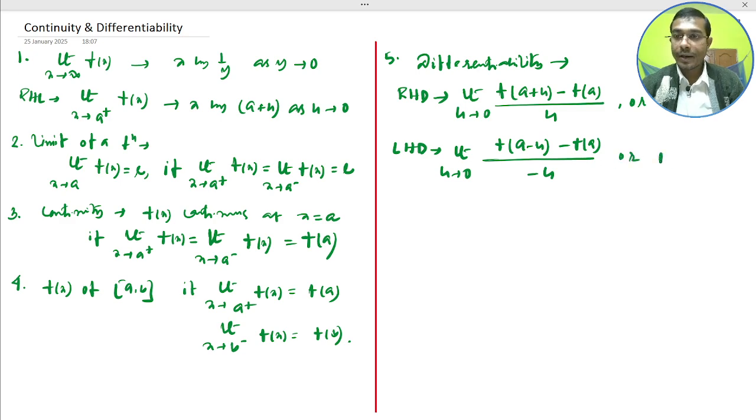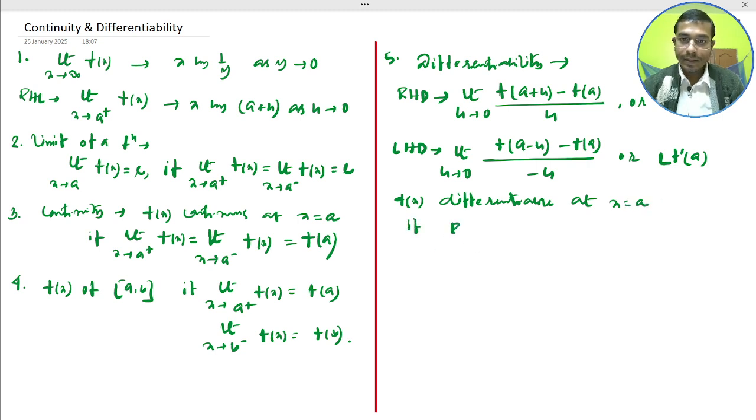This is written as LF'(a). A function f(x) is said to be differentiable at x equal to a if the right hand derivative RF'(a) is equal to the left hand derivative LF'(a). This is the condition.